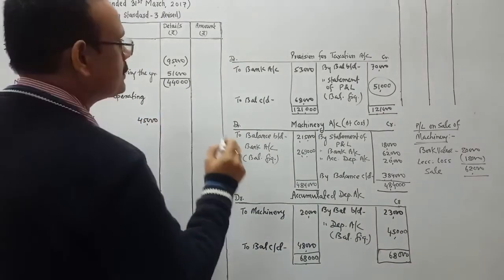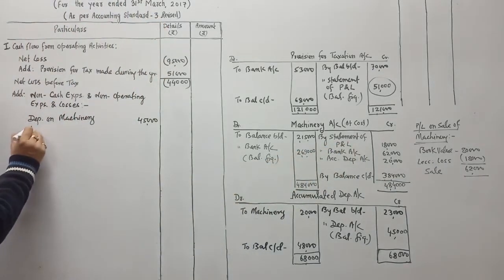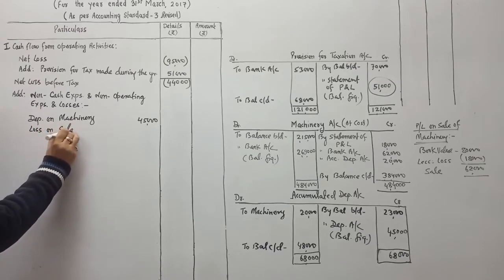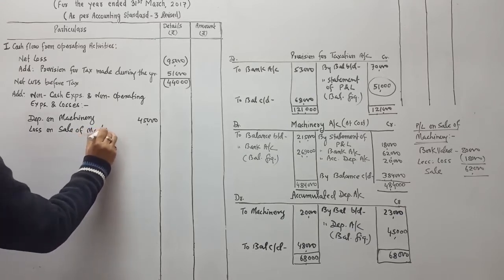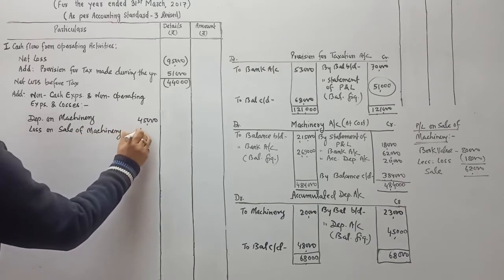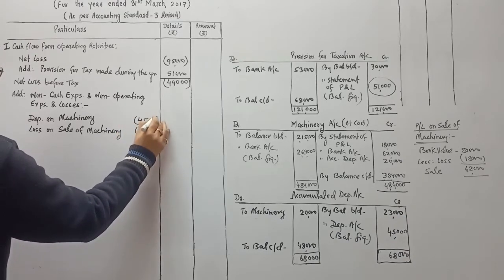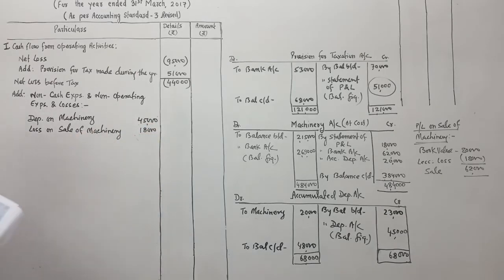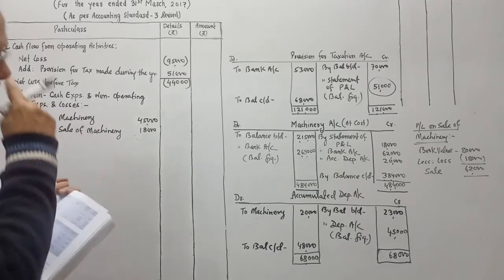There is a loss on sale of machine. The loss is 18,000 on sale of machinery. It's a non-operating loss. This figure is positive, we are going to add it. So non-cash expense is depreciation and non-operating loss is loss on sale of machinery.